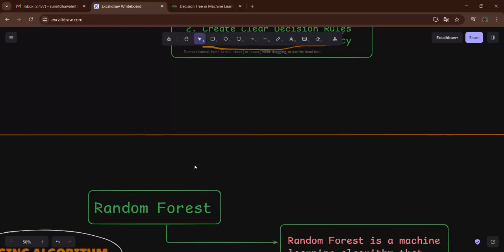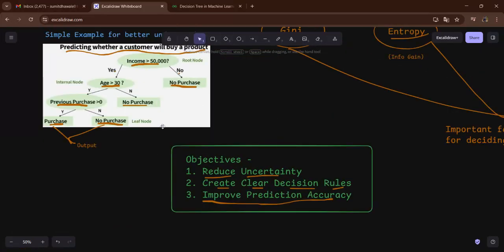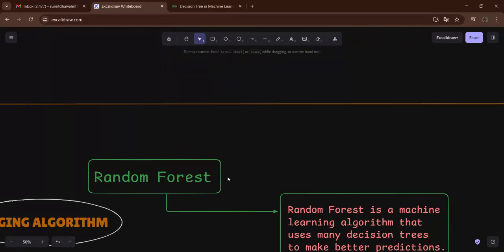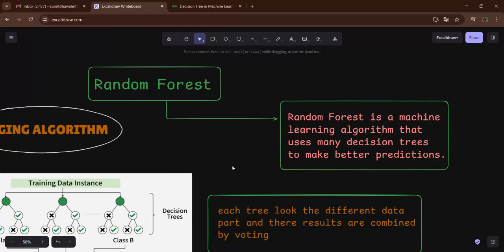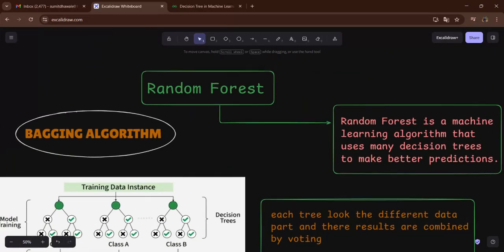We have seen just the overview here, and in the random forest video there is a proper, clean explanation of how decision trees work in a random forest, and you can get an idea about the random forest as well as the decision tree.